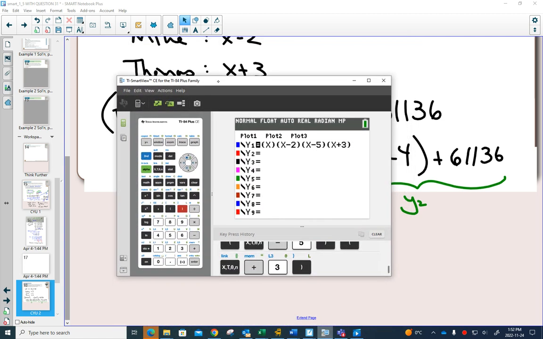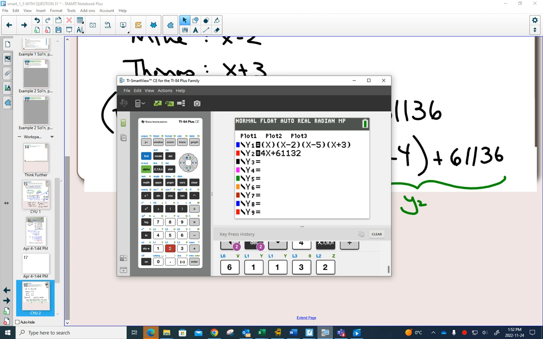And the other side, y2, you could either put the minus 4 and this together and just write 4x plus 61132. But if you wrote 4x minus 4 plus 61136, it'll figure that out for you as well. It won't make a difference.